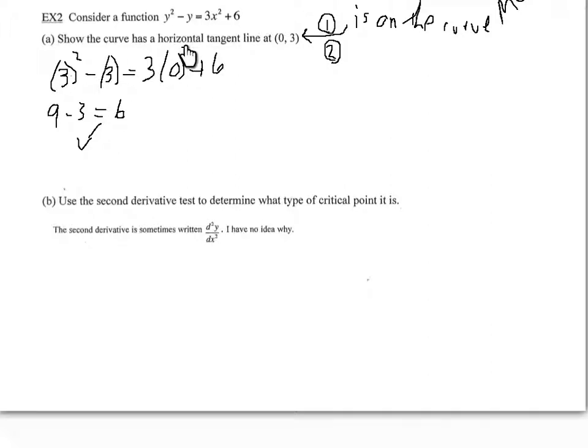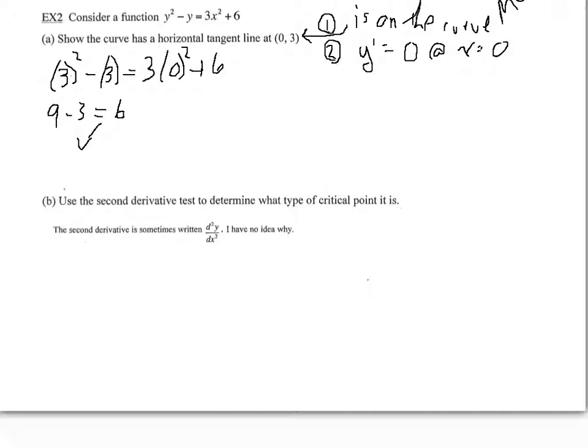If the tangent line is horizontal, then that means the first derivative has got to equal 0, right? So we want to make sure that the first derivative is 0 at x equals 0.